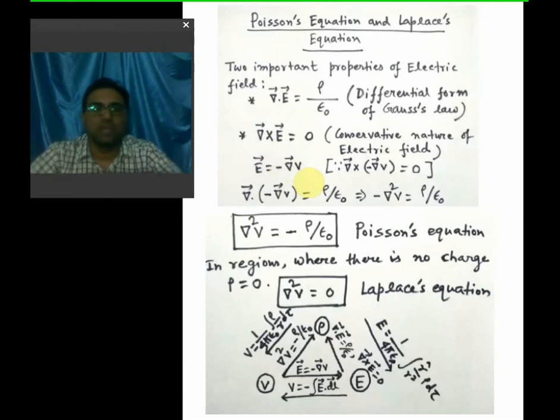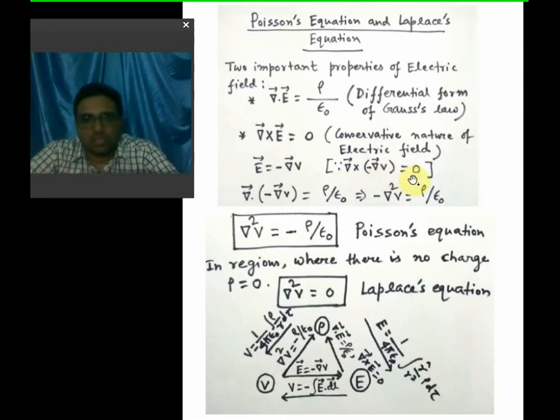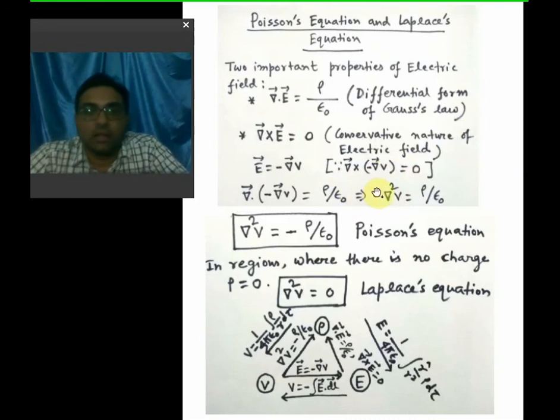As I told, this is a vector identity: the curl of the gradient of any scalar field is 0. That can be easily proved from the fundamental equations of gradient, curl and divergence.